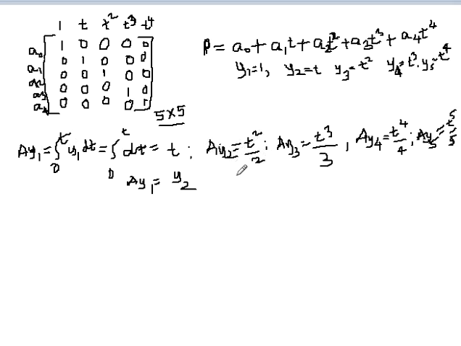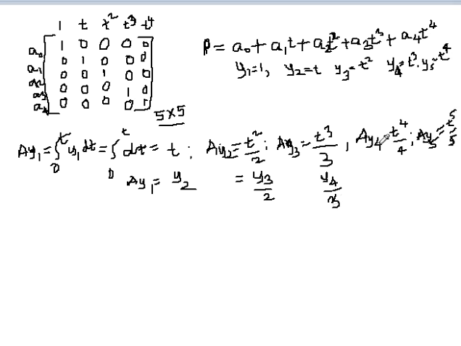This t square is nothing but y3, so we can write this one as y3 divided by 2. Now A y3 is nothing but t cube, which is nothing but y4, divided by 3.